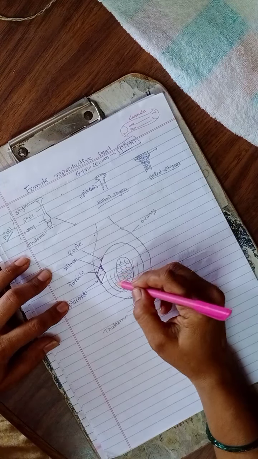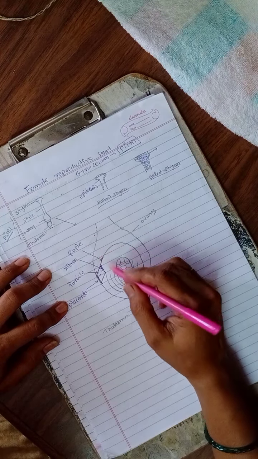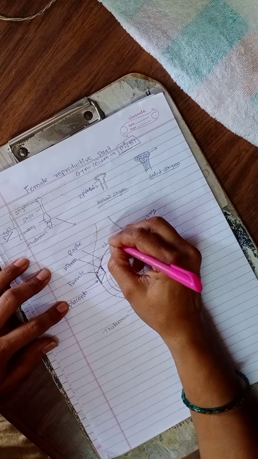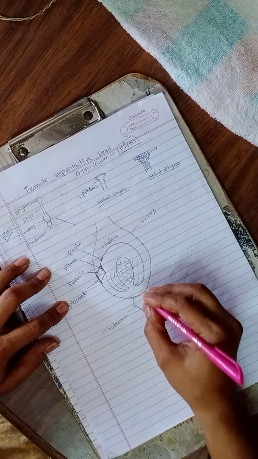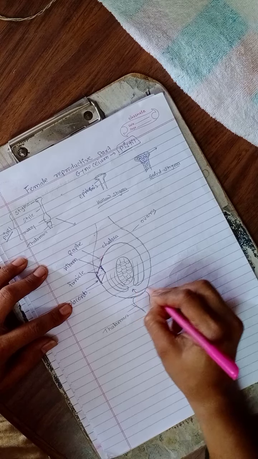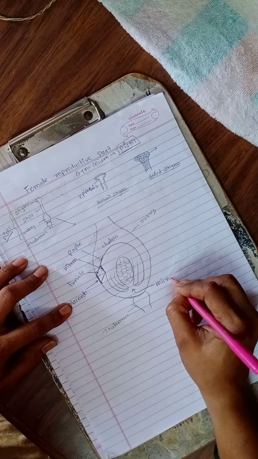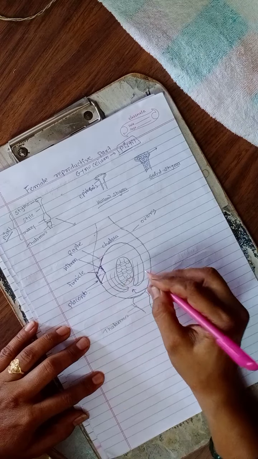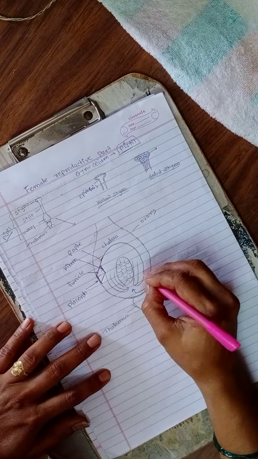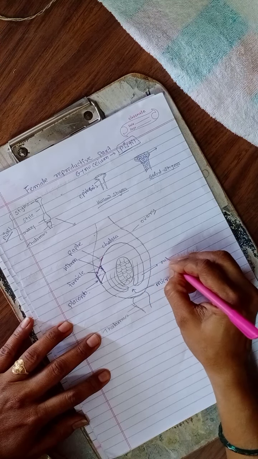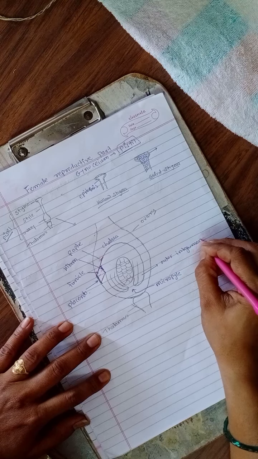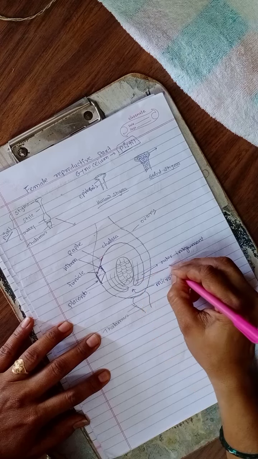Okay, then this body consists of the upper closed part, known as the chalaza, and the lower opening, known as the micropyle. Then this body is covered with two integuments: this is the outer integument and this is the inner integument.